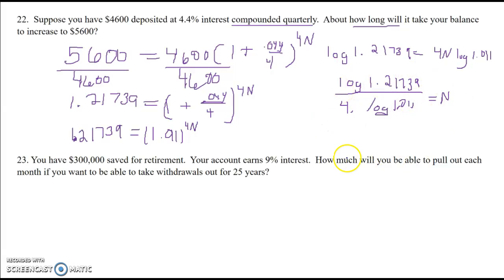And I can do all this on the calculator, and when I do that I'm going to end up with n is equal to 4.5. So how long will it take your balance to go up to 5,600? 4.5 years.